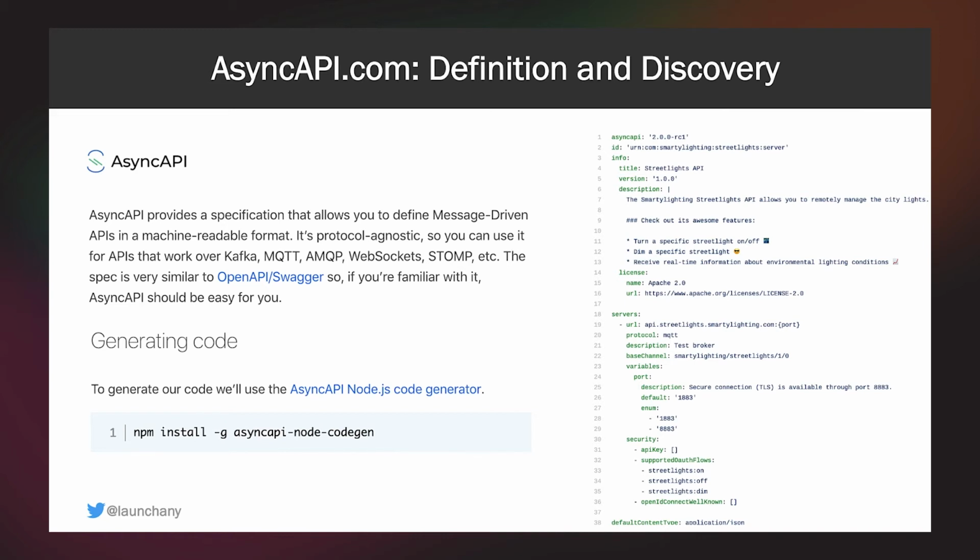Is it using MQTT, AMQP, WebSockets, STOMP, all these different binding protocols that are available to define. So we can define the message in a protocol-agnostic way and then offer one or more bindings that you can use to subscribe or publish to those particular channels that are offered. Really, really powerful. There's also some nice code generators, documentation generators, and other tools as part of the ecosystem.